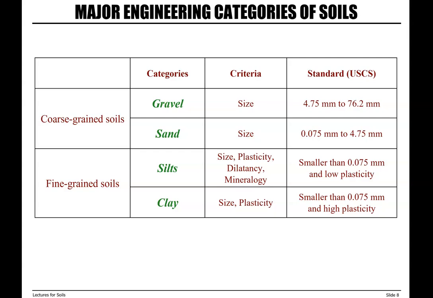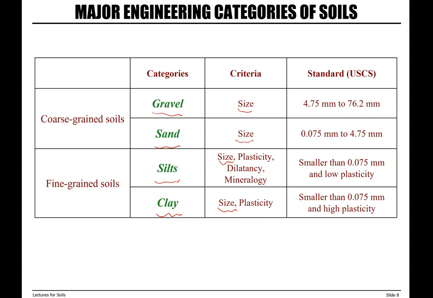Now let's look at major engineering categories of soil. Based on the size of soil particles, we have 4 categories: gravel, sand, silt, and clay. This is mainly based on size.